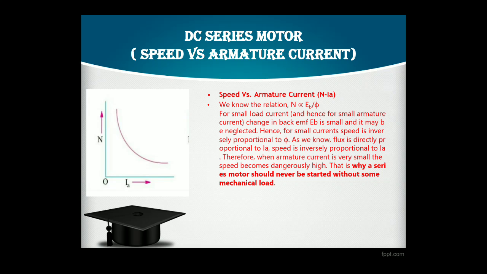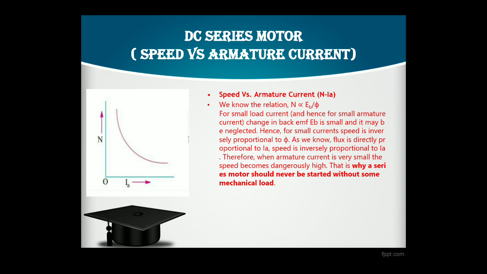For small load current, the change in the back EMF EB is small. If the load current is increased, the back EMF change is small and may be neglected. Hence, for small current, speed is inversely proportional to phi, and as the flux is directly proportional to Ia, the speed is inversely proportional to Ia.